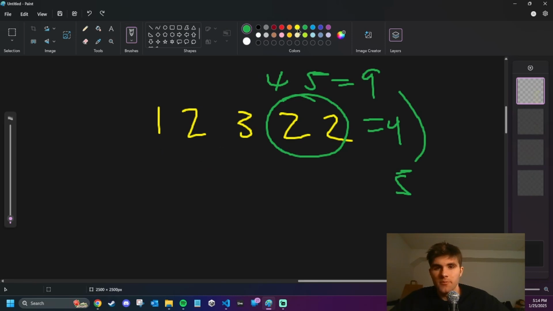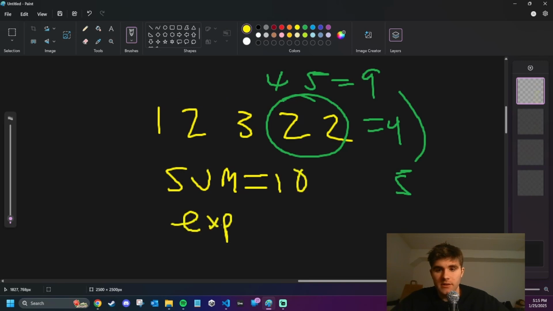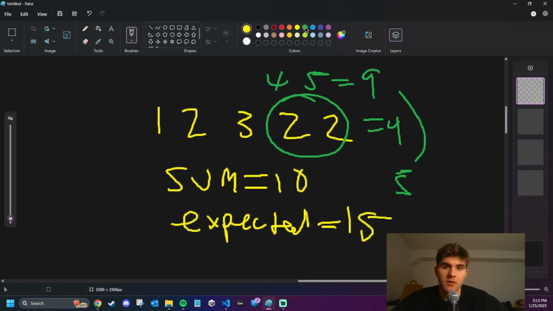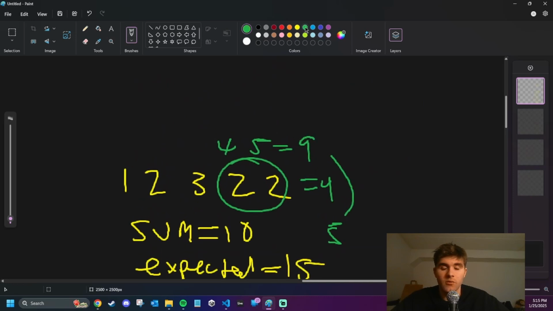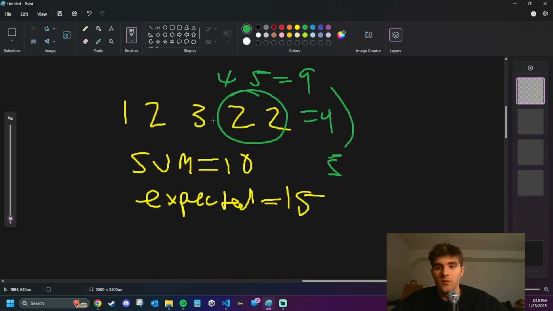So the sum is 6, 8, 10. And the expected with 5, like 1, 2, 3, 4, 5, would be 15. So let's check 1 through 4.